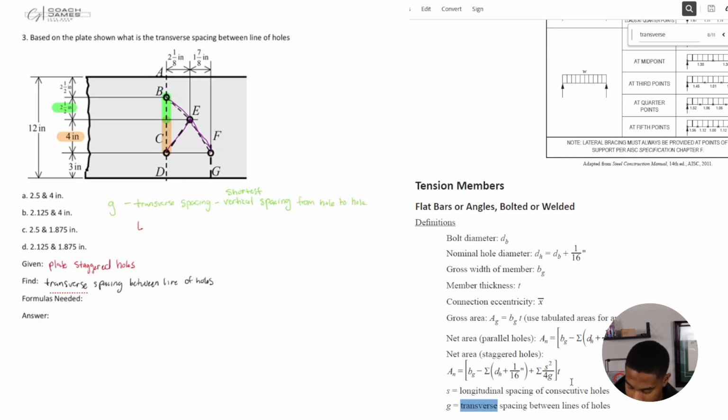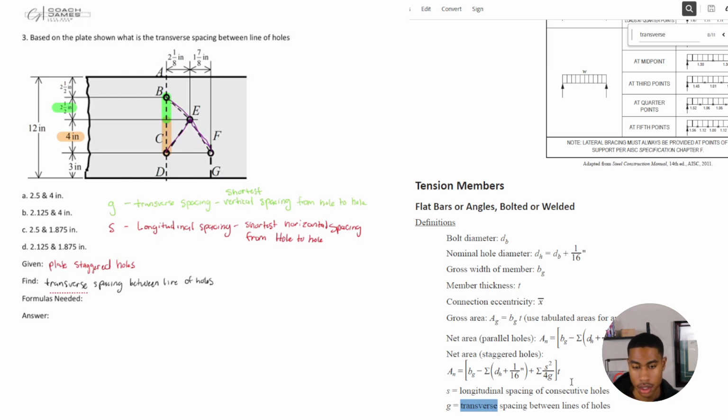Always think vertical. Now, S is going to be your longitudinal spacing, and this is your shortest horizontal spacing from hole to hole.